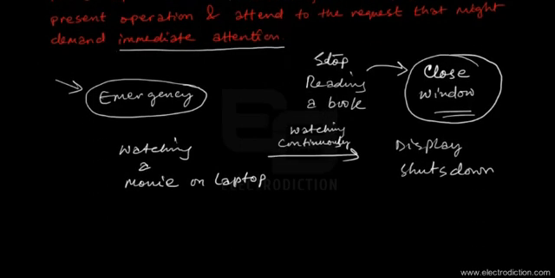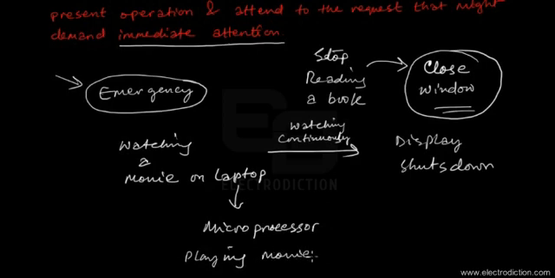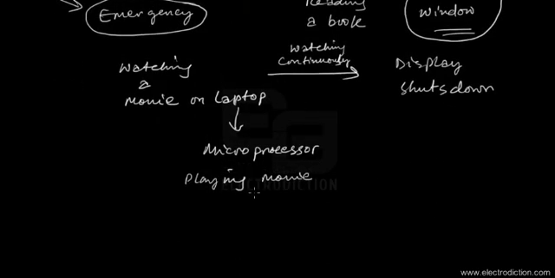This is a very down-to-earth example of what a microprocessor system does. Inside your laptop there is a microprocessor. Playing the movie was its present operation, which it had been assigned and was performing.